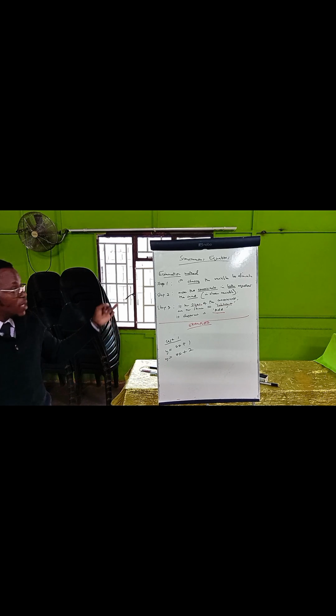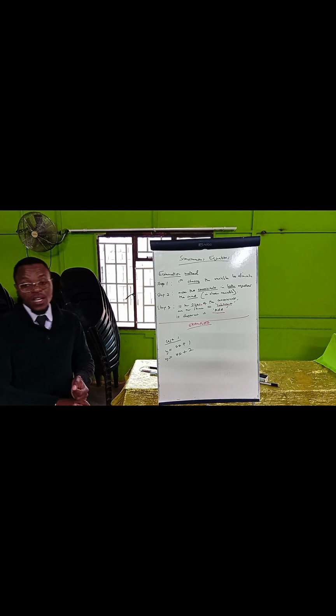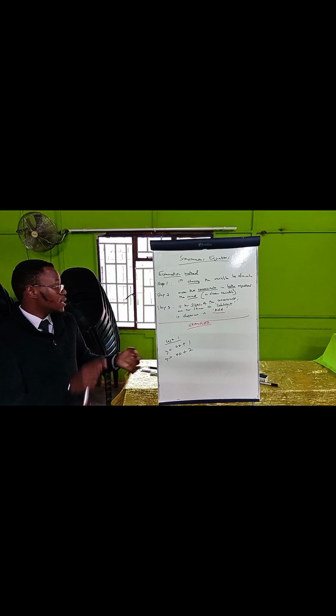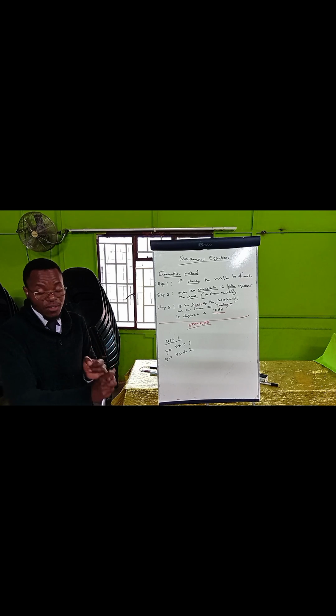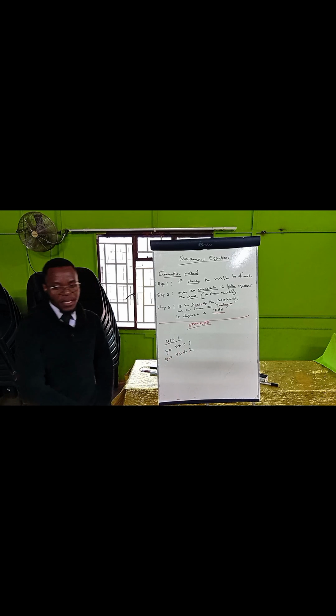The second step, you make the coefficients of the chosen variable the same. And lastly, if the signs of those coefficients are the same, you subtract, and if they are different, you add. So which variable is easy to eliminate now?